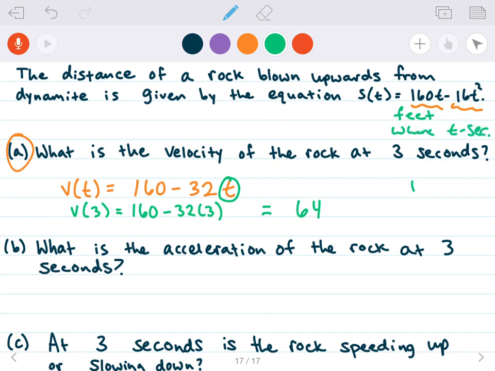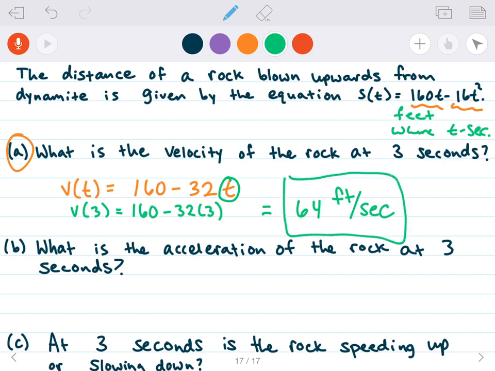Let's make those the units. Because if that's the case, then this is going to be 64 feet per second is my velocity. And it's positive velocity. That's one thing to note there.